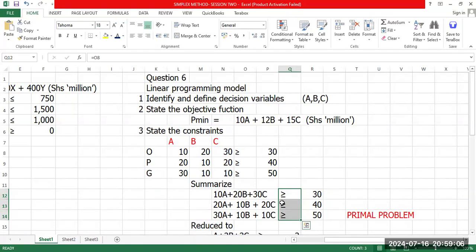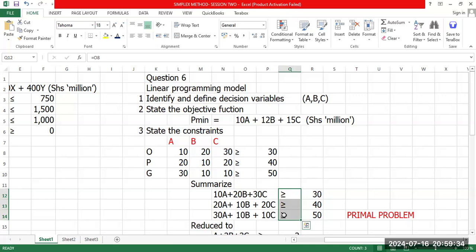The reason is that with the simplex method, most of the time we are dealing with a maximization objective.